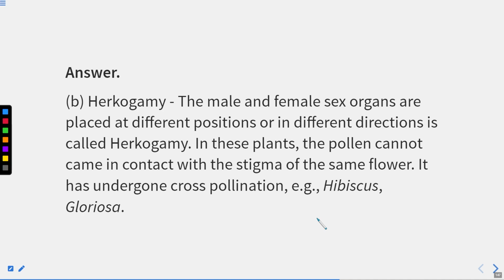Now the second strategy is hercogamy. In hercogamy, the male and the female sex organs are placed at different positions. There is a spatial difference between the male and the female sex organs, or they are in different directions. This is known as hercogamy.